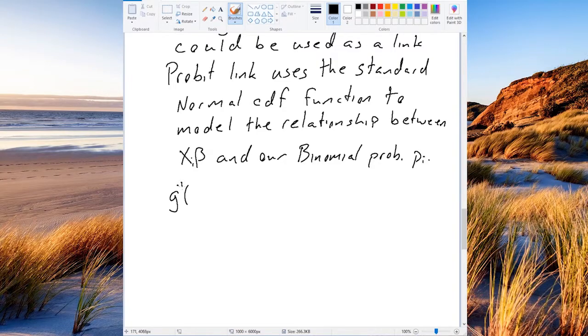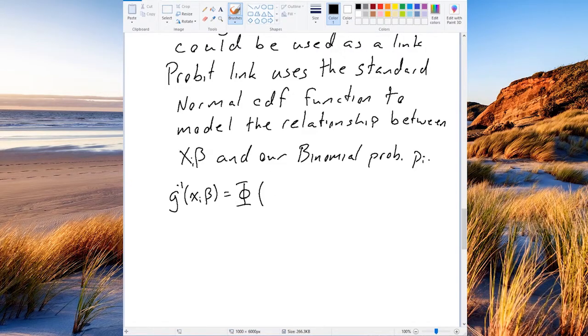So G inverse of xi beta gets us the probability. Now, we have a nice symbol for the CDF of a standard normal distribution, and that is a capital phi.